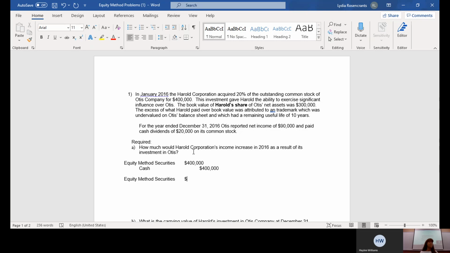Harold owns 20% of Otis. So they can record 20% of 90,000, which is $18,000. That is a credit to investment income. Equity method securities, 18,000. Okay, so let me stop there.